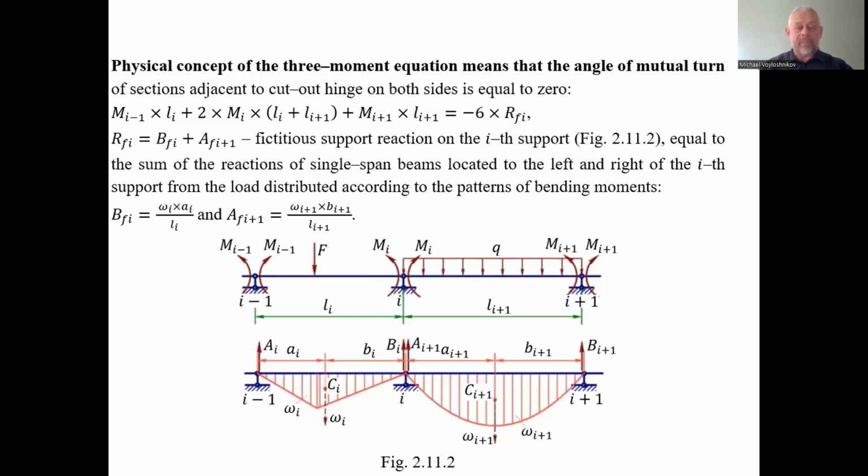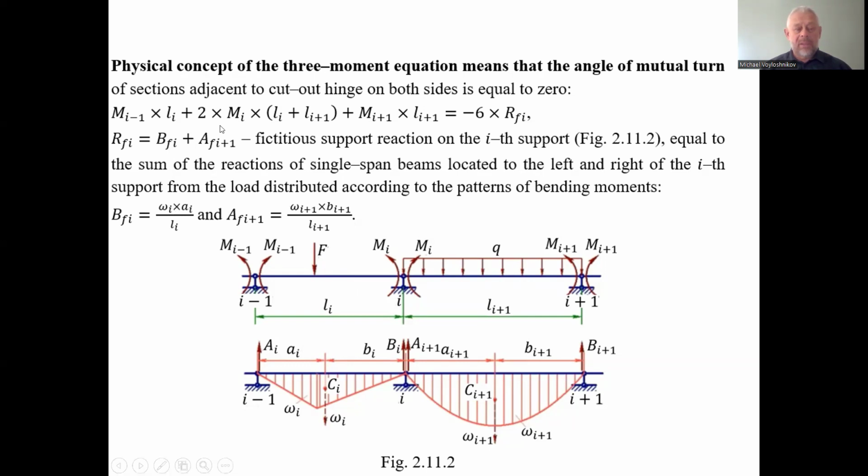So for a definite draft, as indicated on picture 2.11.2, we see that we can do the three-moment equation of the force method of solution of statically indeterminate mechanical systems, like beams on many links, more than 2.